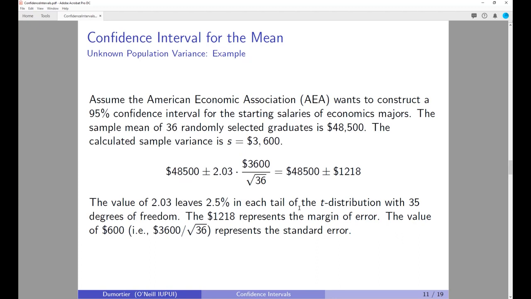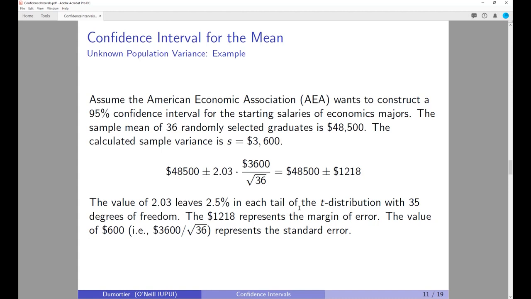So how would this look in reality? Now note that we have, again, the example about the American Economic Association who wants to construct the 95% confidence interval for starting salaries. They have the same 36 randomly selected graduates, and the average again is $48,500. But now assume that the population standard deviation is unknown. So before we said that the population standard deviation is 3,500.